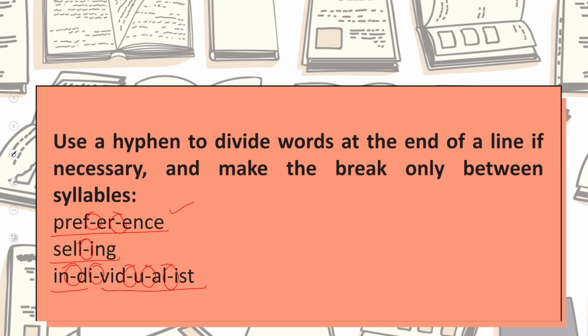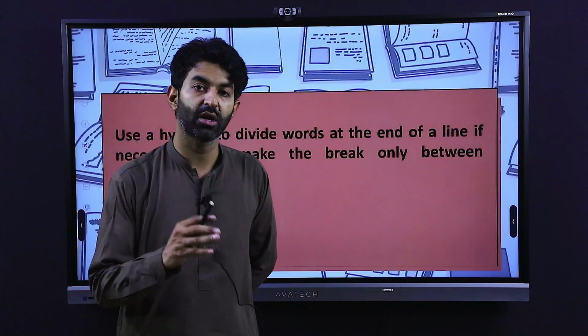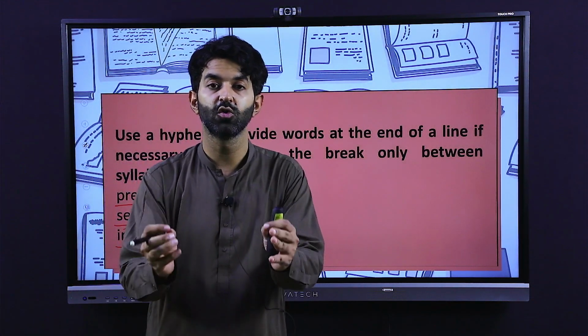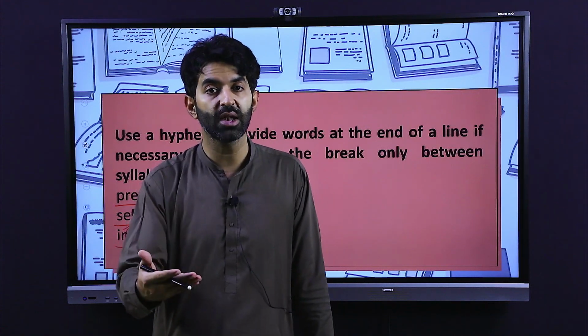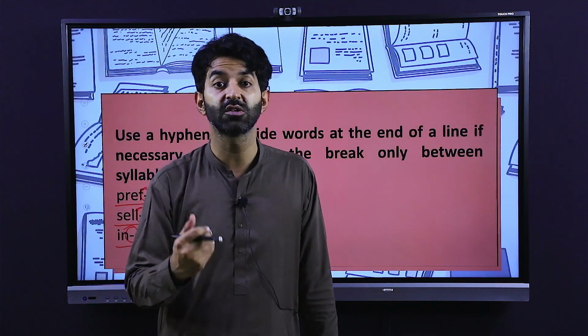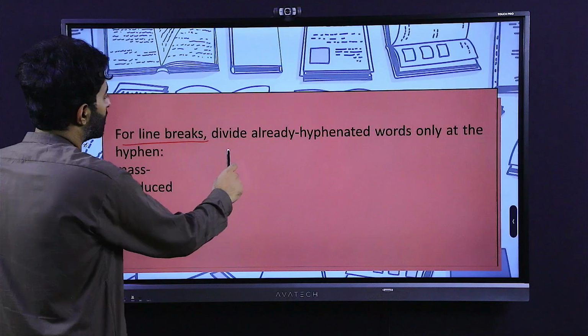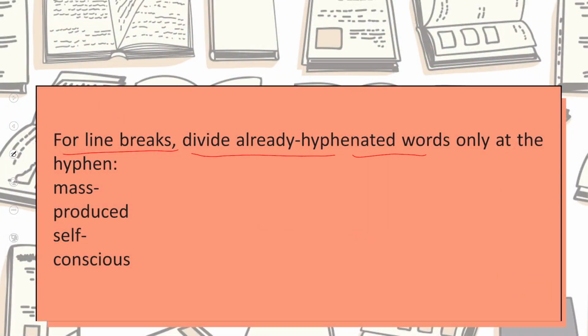So breaking down syllables, just because there's not enough space and you're going to move to the next line, that's when you use your hyphens. They will save your word from breaking down and losing its meaning. For line breaks, divide already hyphenated words only at the hyphen. It means that the hyphen should not go on the next line.